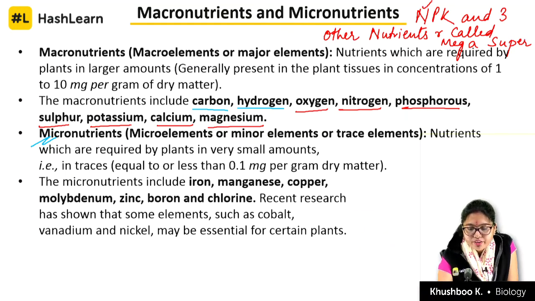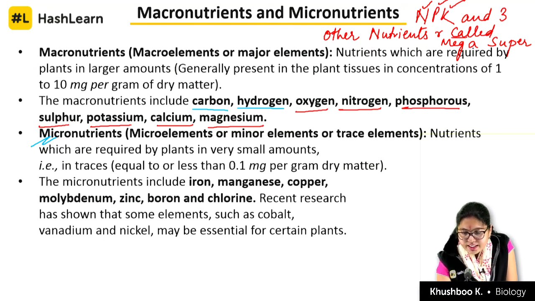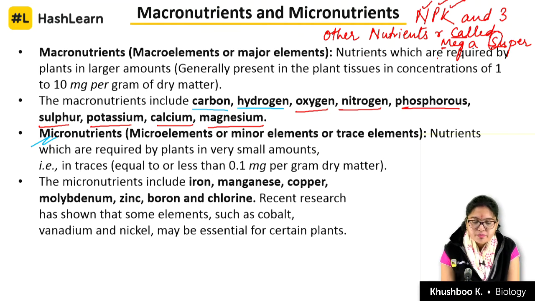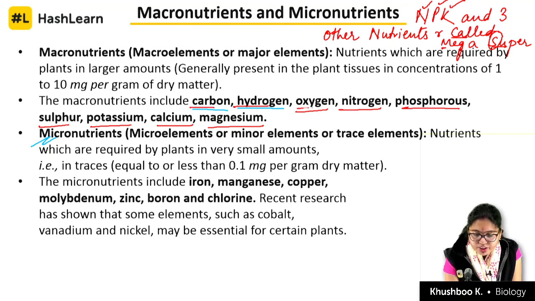Here you have nitrogen, phosphorus, potassium, and then Ca is for calcium, Mg is for magnesium, and S is for sulfur. So 6 of them you can remember, and then comes carbon, hydrogen and oxygen.